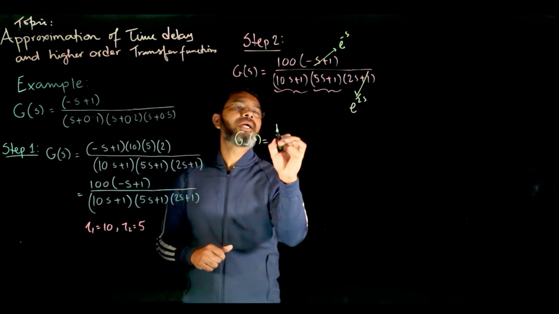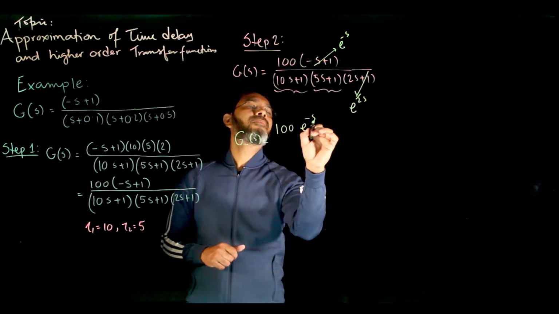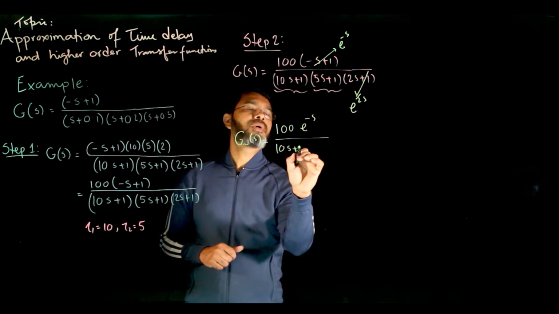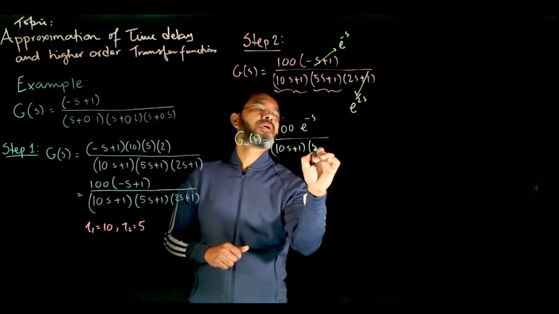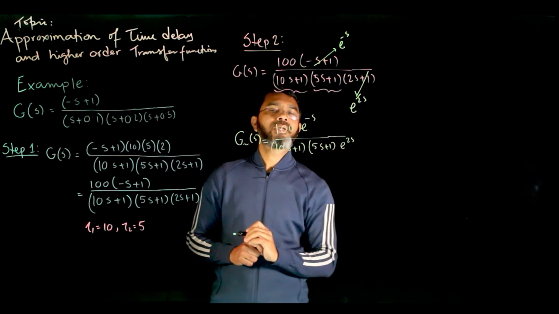So we end up getting what is called the approximated G(s). We'll have 100 e to the power negative s, over 10s plus 1, 5s plus 1, e to the power 2s.